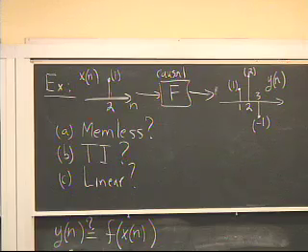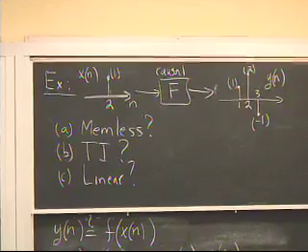And if you find two values of the input signal that are equal, then what must be true about the output? They must also be equal. So can you find two instants in time?